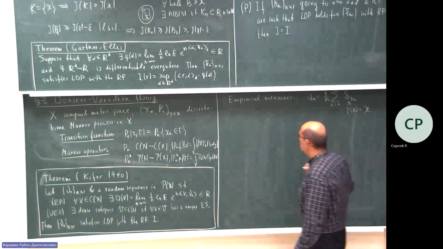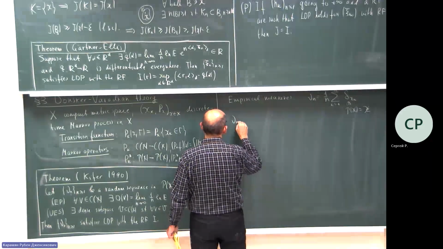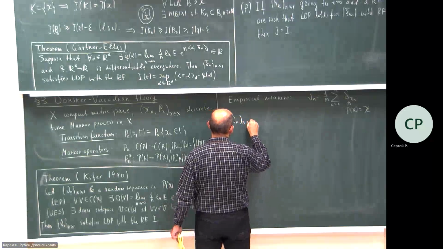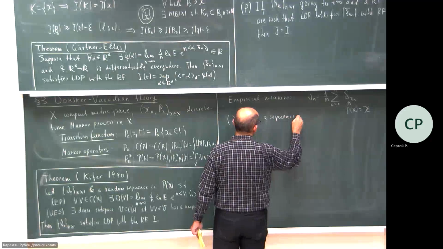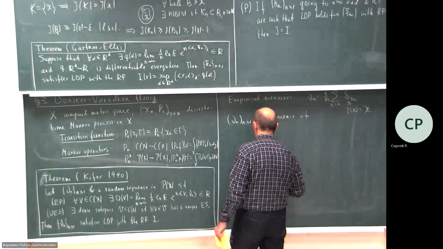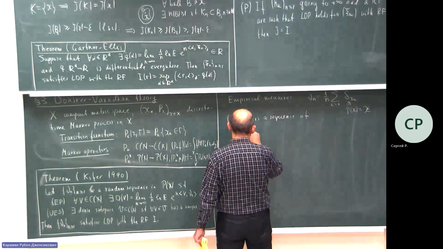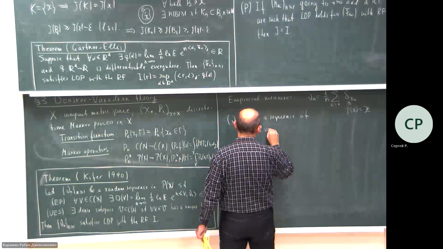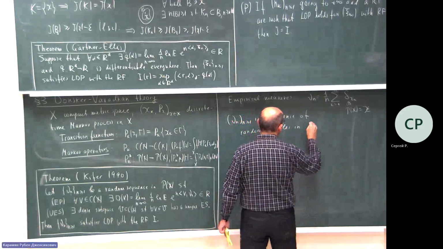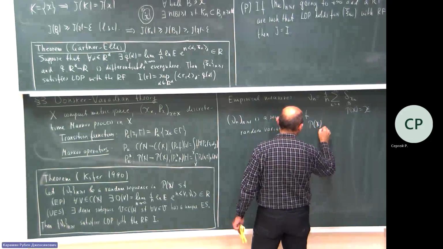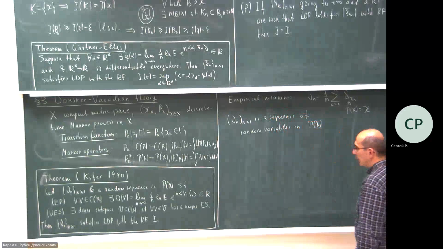So nu_n is a sequence of random variables in P(X).